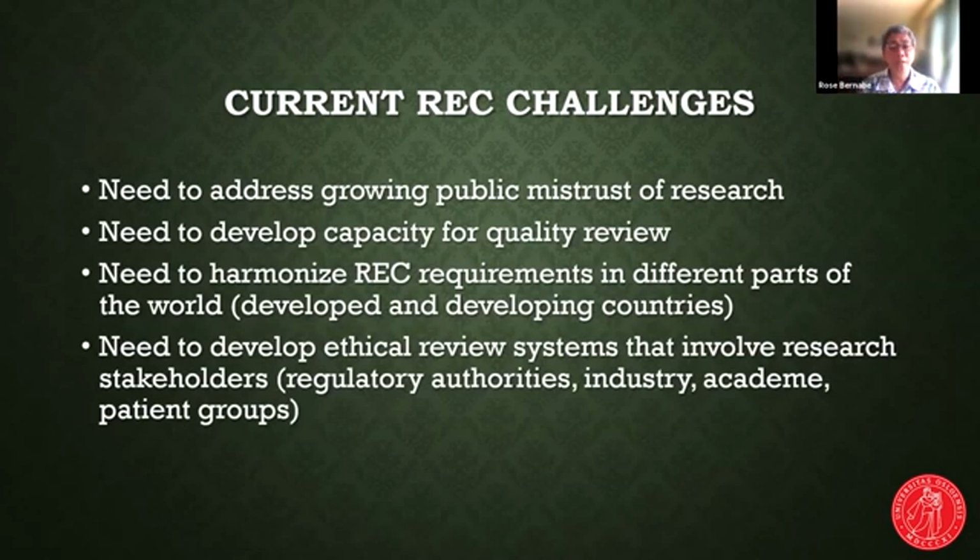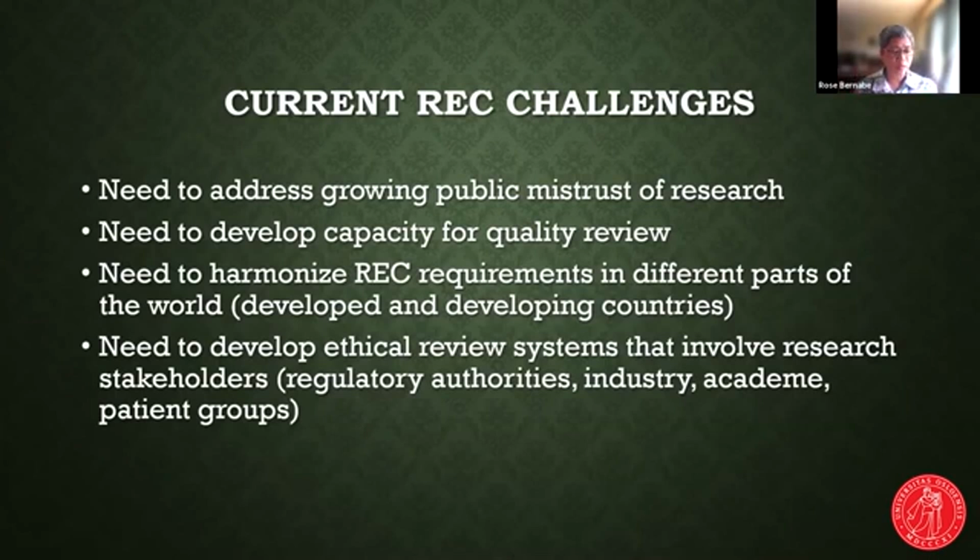The need to develop ethical review systems that involve research stakeholders, such as regulatory authorities, industry, academic, patient groups. And by this, we do not mean that we want industry members to be research ethics committee members, right? But we're talking about an ethical review system, right?